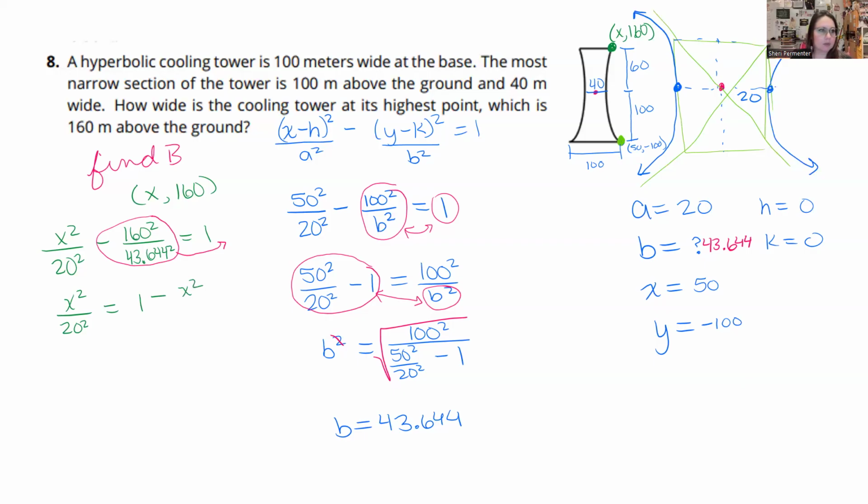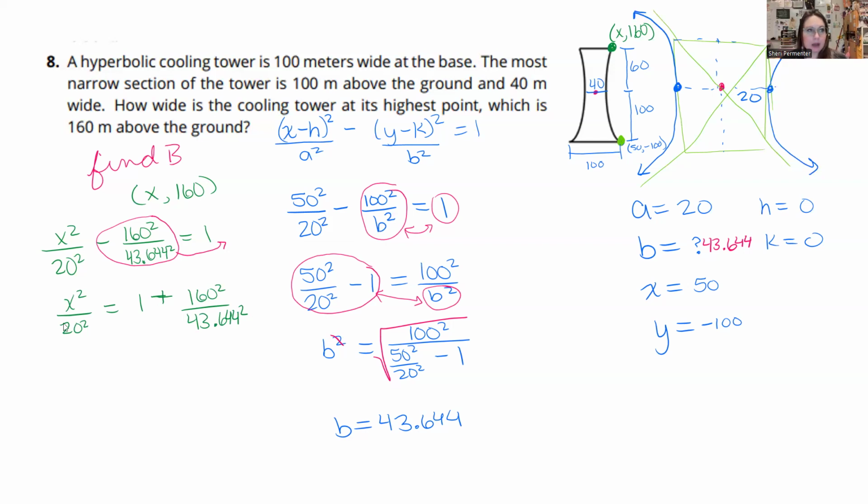Oh, hold on. I'm subtracting the wrong thing. Oops. Plus 160 squared over 43.644 squared. All right. So I moved this whole fraction to the other side and I added.